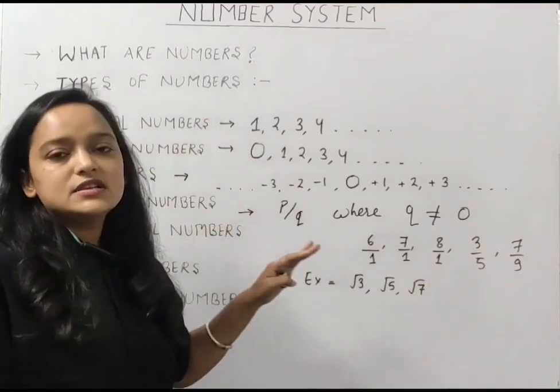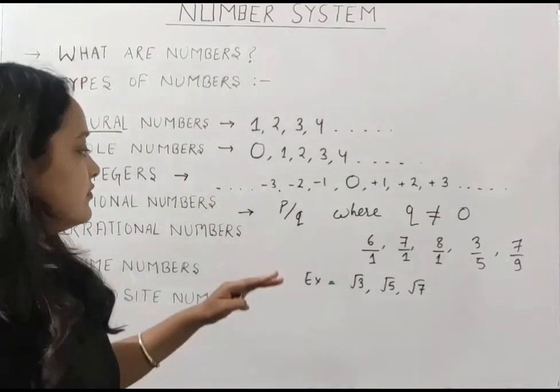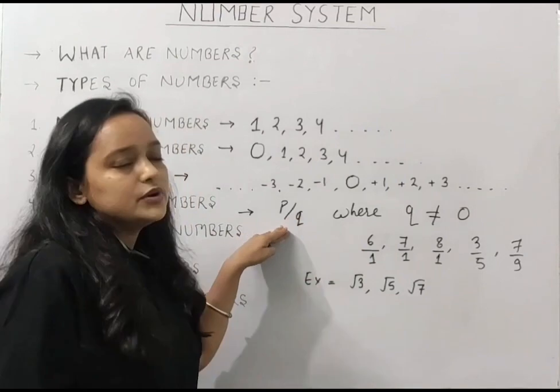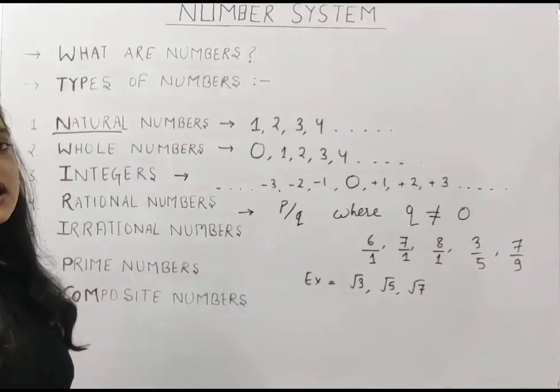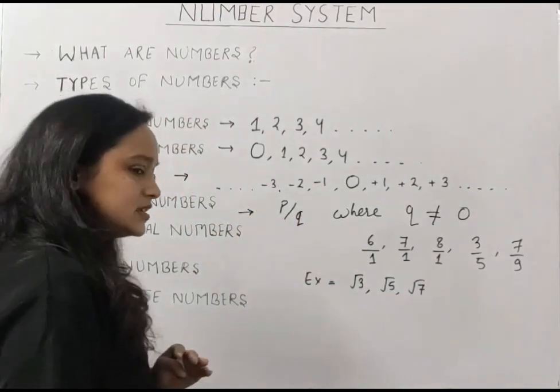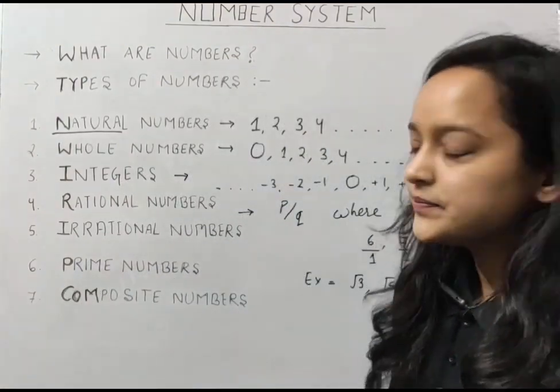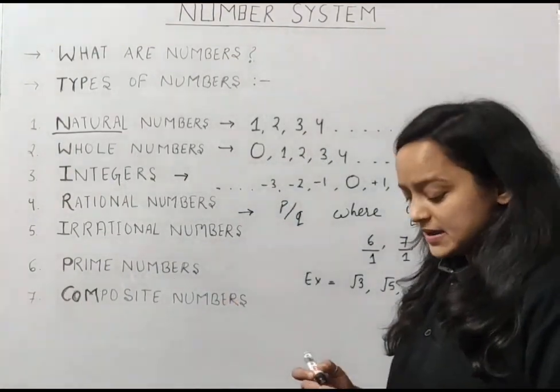These are your irrational numbers. We cannot write these numbers in the form of P upon Q. So these are called irrational numbers. Is it clear to everybody?